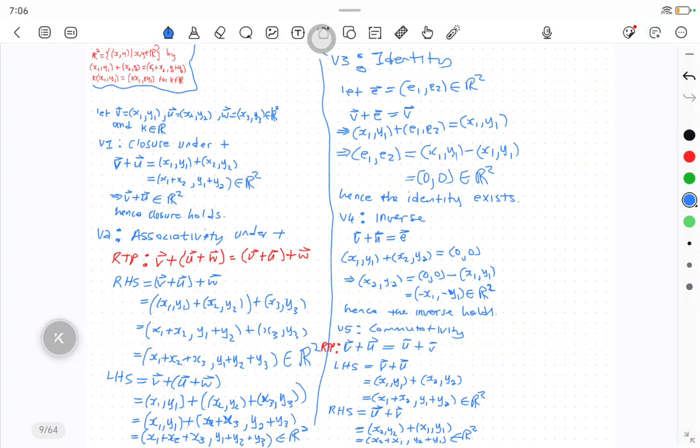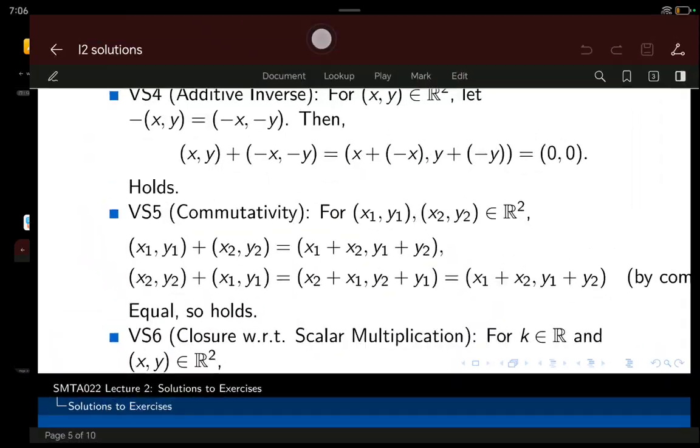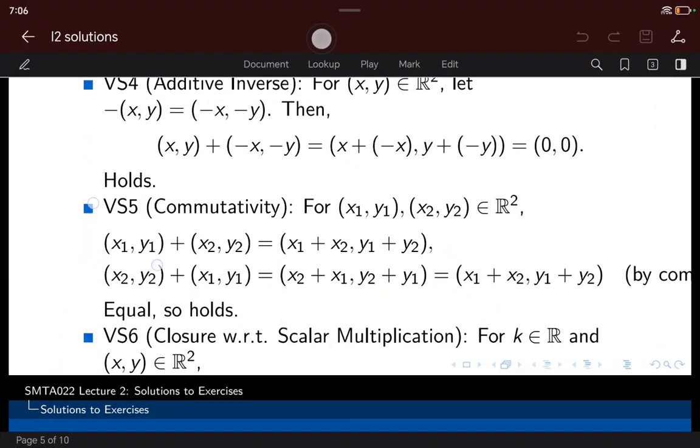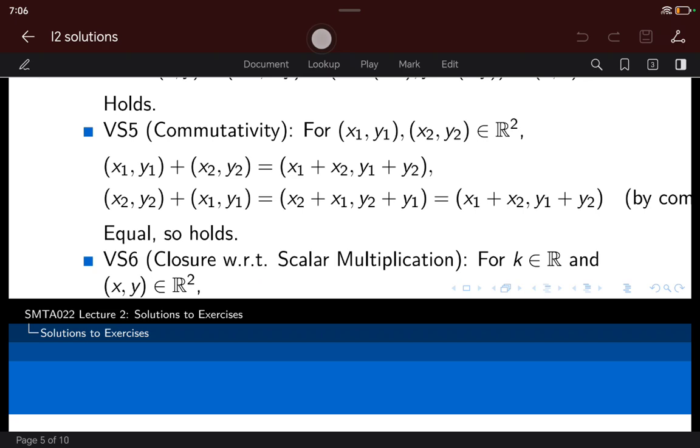I think I've explained this because we're out of time. We're supposed to have this for an hour, right? So you look at these solutions, you look at the closure with respect to scalar multiplication.